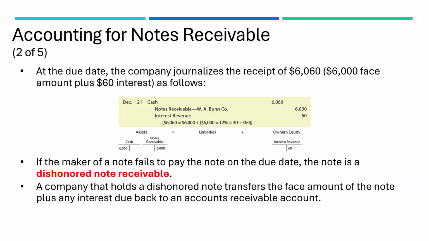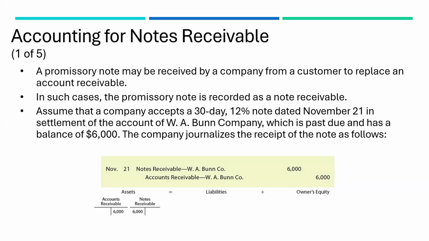And then when the note is paid, we have to calculate how much interest is going to get paid on the note, which is 12% for 30 days. So 6,000 times 12% is 720. And then you divide by 360, which is $2 per day in interest.